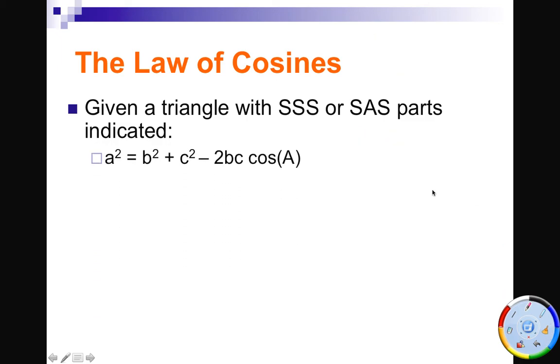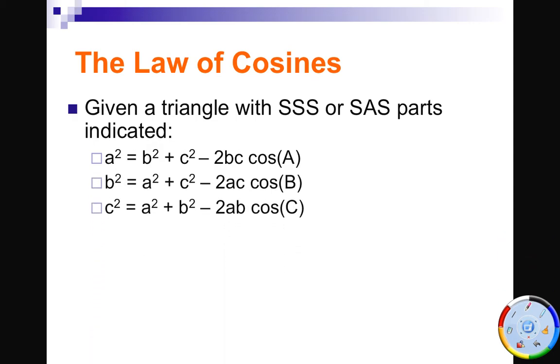So here's what it's going to look like. I'm going to give you all 3 variations. This just depends on what you've been given. This first set is good for the SAS, because what you're trying to find is this third side, which means you were only given 2 to begin with.